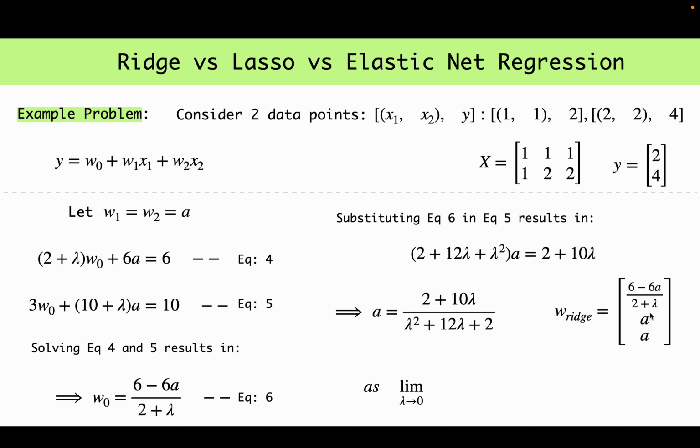What we can observe is when lambda tends to 0, our ridge regression solution will become 0 1 1, and this is a minimum norm solution, and thereby we are able to nicely restrict the weight values. When we implement it in Python, we will clearly see the effect of it, what sort of solution we get for OLS and what sort of solution we get for ridge regression.